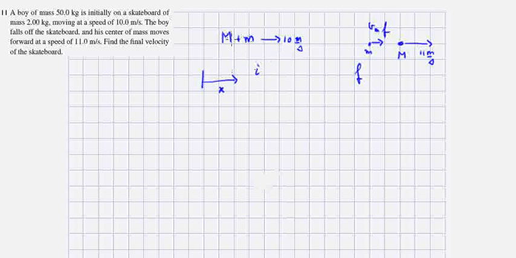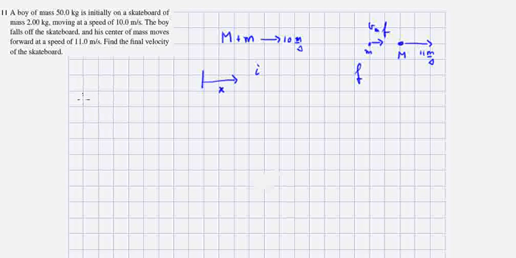Normal force doesn't act in the horizontal direction, nor does weight. And even if friction did act, it wouldn't have any time to make any difference immediately after the collision. So with that context, we can assume that momentum is conserved.